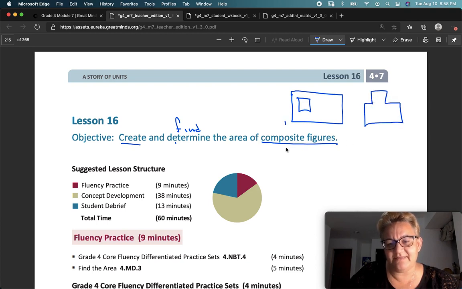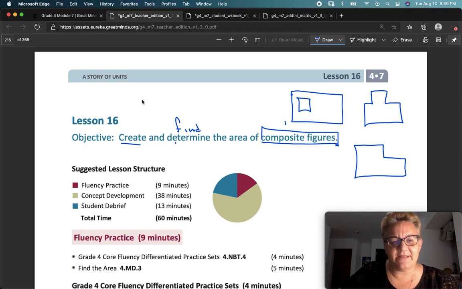So that could be something like this, or something like this, or something like that. Okay, so we're going to explore those. And remember, area equals length times width.